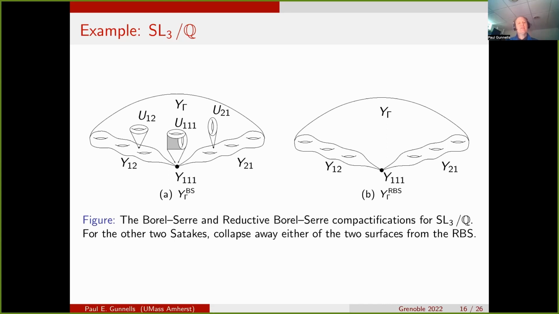And one final thing to say is that I've only drawn one copy of each of these sort of boundary strata types. And when you take an arithmetic group, gamma, and you divide by that, you typically have many copies of these all glued together in an intricate way, okay? So I've just sort of schematically wanted to show you what happens. So I've only drawn a small piece of it.